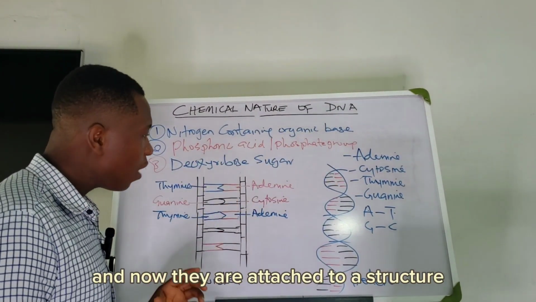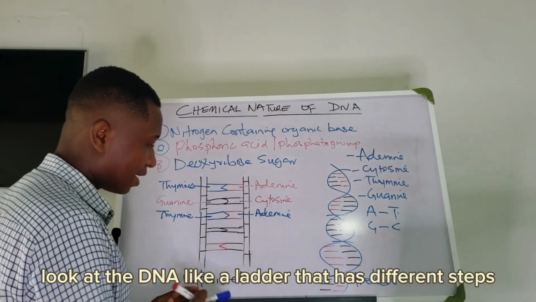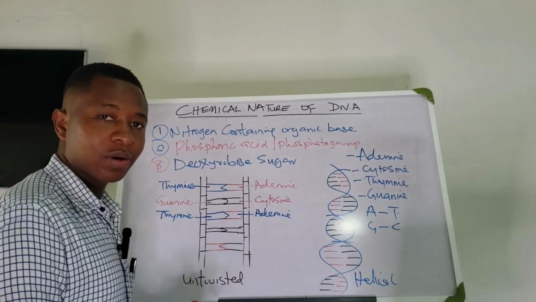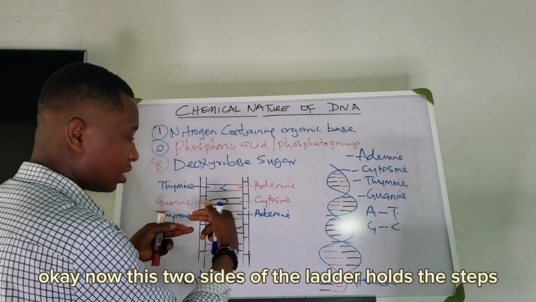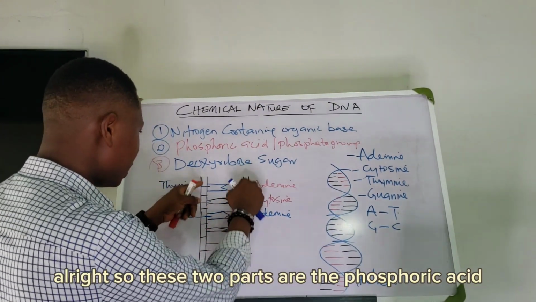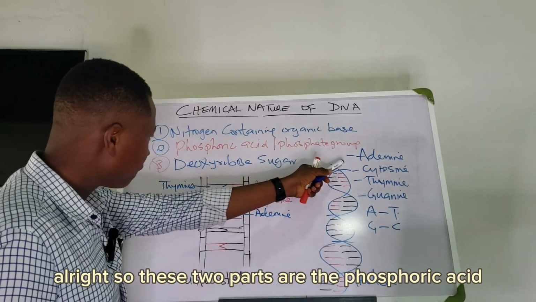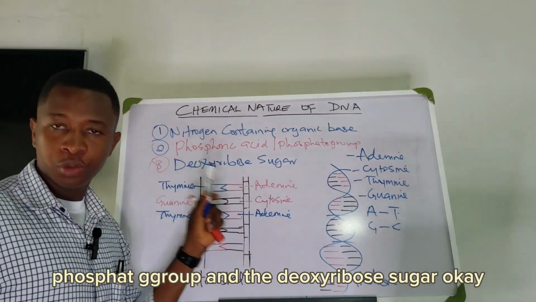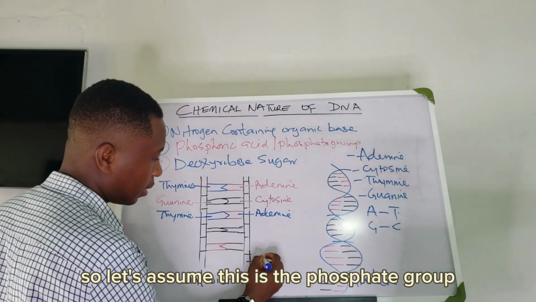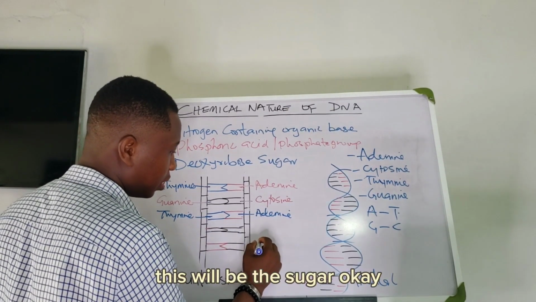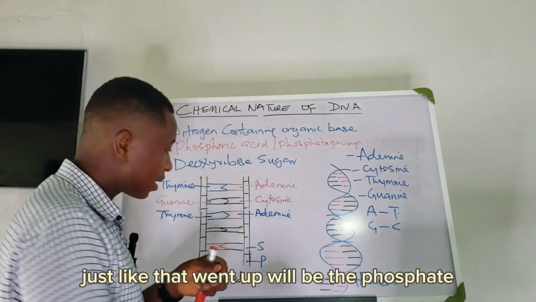All right, and now they are attached to a structure. Now look at the DNA like a ladder that has different steps. Okay, now these two sides of the ladder hold the steps. All right, so these two parts are the phosphoric or phosphate group and the deoxyribose sugar. Okay, so let's assume this is the phosphate group, this will be the sugar. Okay, it alternates just like that.